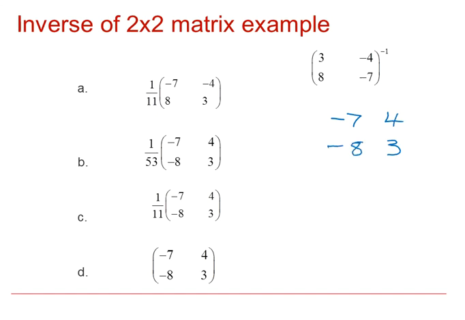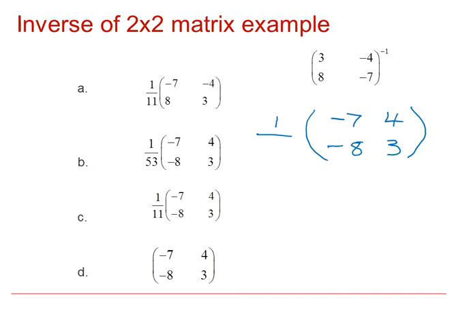So this is what we would expect to see as our inverse matrix, but we need 1 over the determinant as well. It might be that if the determinant is negative, then we move that outside the bracket and change the signs of the other elements. So do watch out for that.